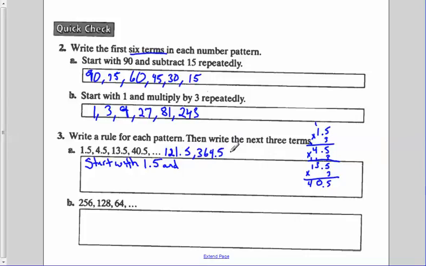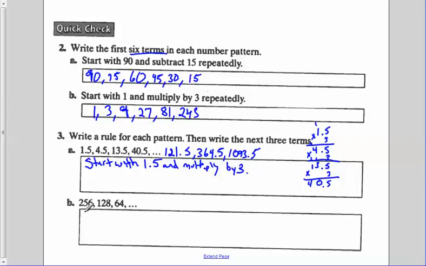And then 364.5 times 3 is going to be 1093.5. So those would be my next 3 terms. So my rule would be start with 1.5 and multiply by 3.